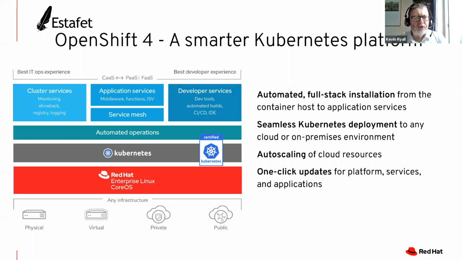There's a lot of automated operations here and lots of services that help you manage your clusters. And we also have things like service mesh and then a set of developer tools. So the argument is this is Kubernetes, but smarter. And it's also hardened for the enterprise. So there's a lot of extra things in there, hardened, but also simplified to make development easier.